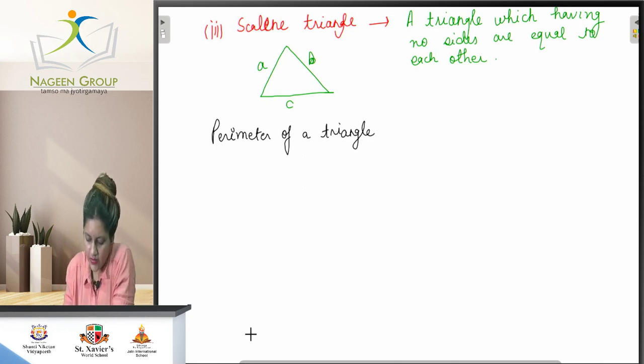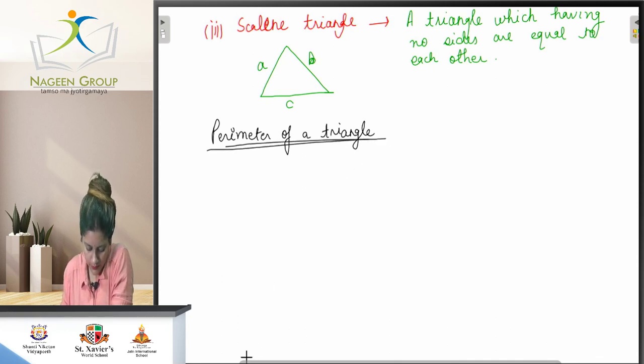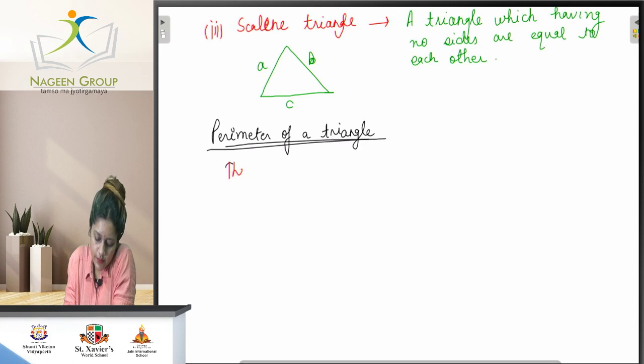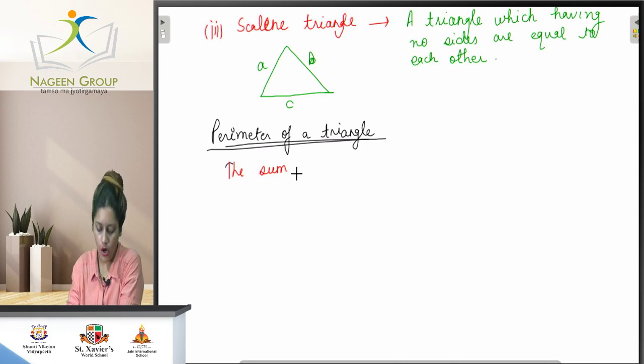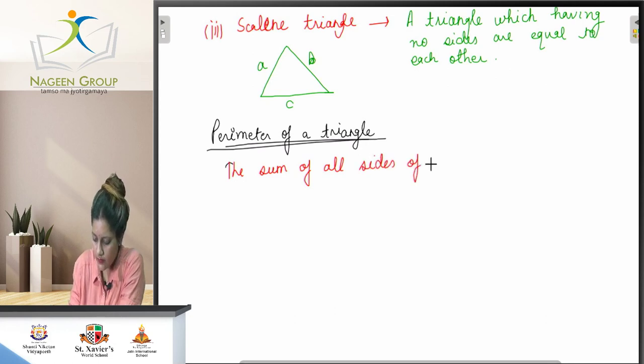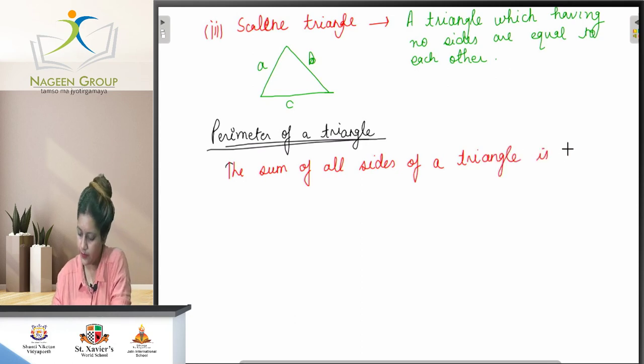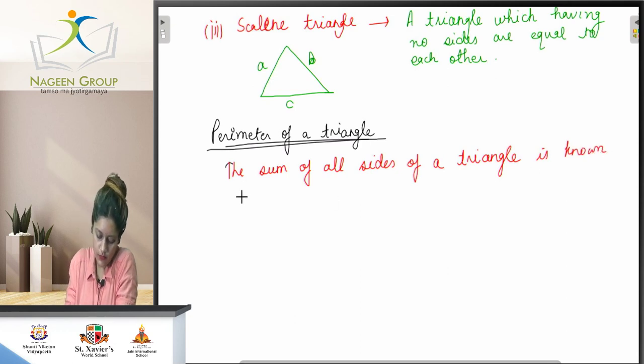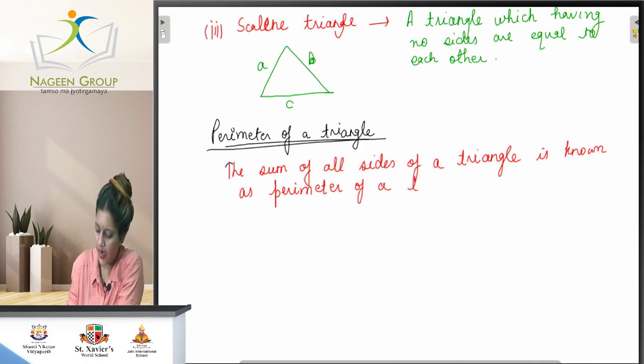Perimeter of a triangle means the sum of all the sides of a triangle is known as perimeter of a triangle.